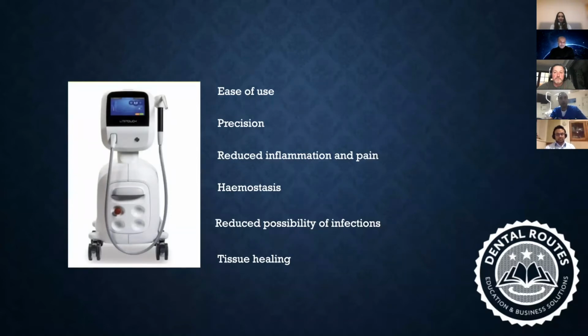I've also personally noticed that my implant procedures have become more predictable after introducing lasers into my implant treatment protocols. This is in comparison to conventional techniques done by me previously. Some of the advantages which Koushik highlighted have improved predictability and hence the success of treatment in general. I will discuss this now.